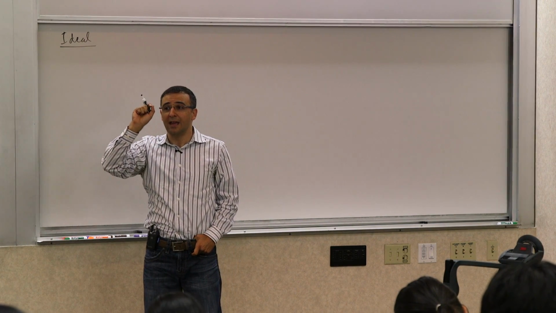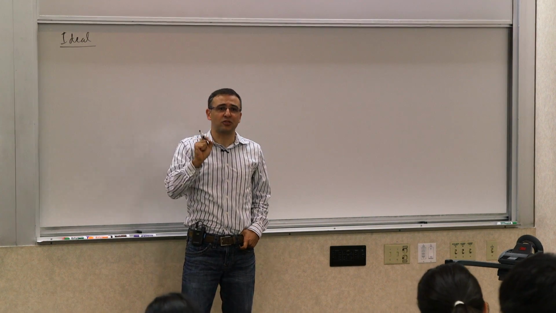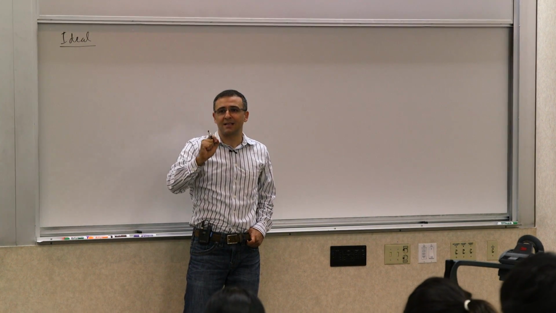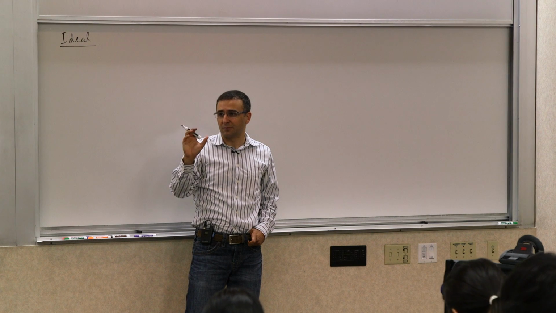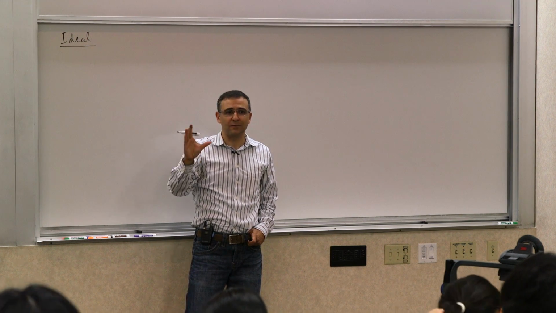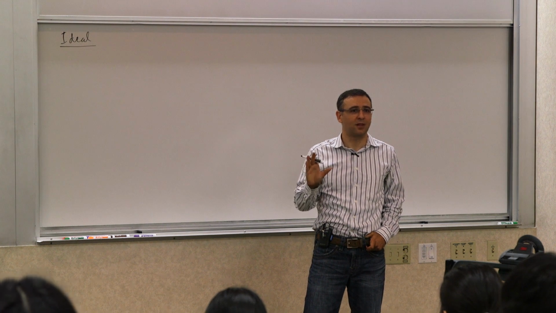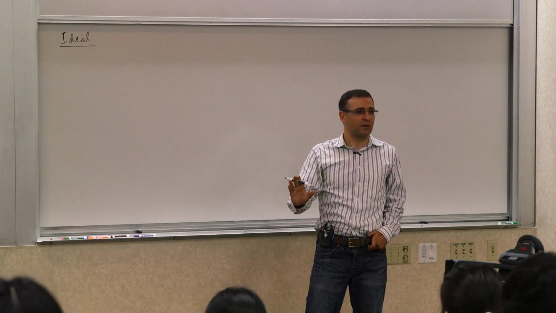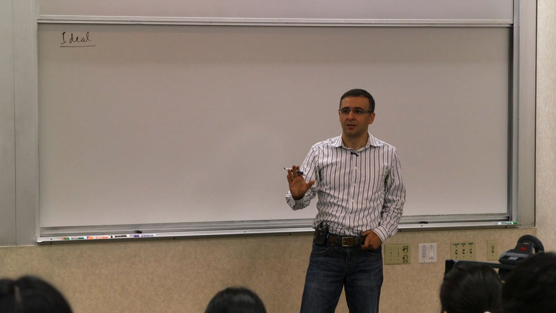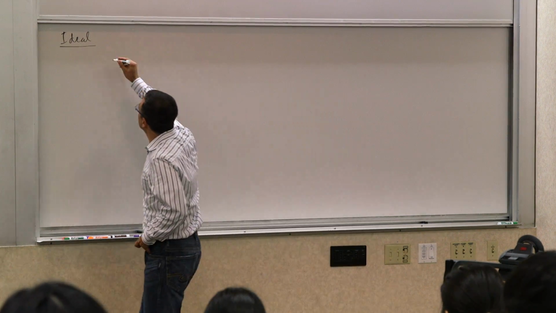We have solid ground. So it's essential that everything I say makes sense to you, and you should be comfortable with it. If you're not, absolutely feel free to stop me as many times as you want. I would be very happy to answer those questions. Okay? So ideal sources.